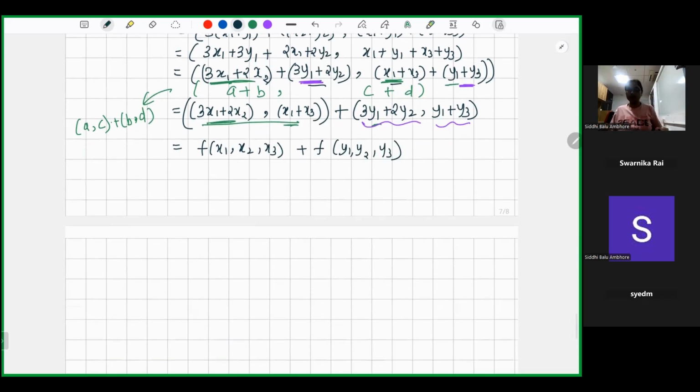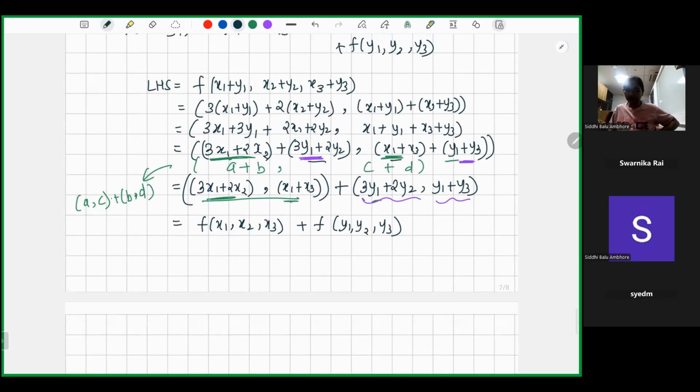Is this okay? You're fine. But the clubbing above, with which rule is it? The clubbing of all x is just addition in real numbers, right? These are all real numbers here.